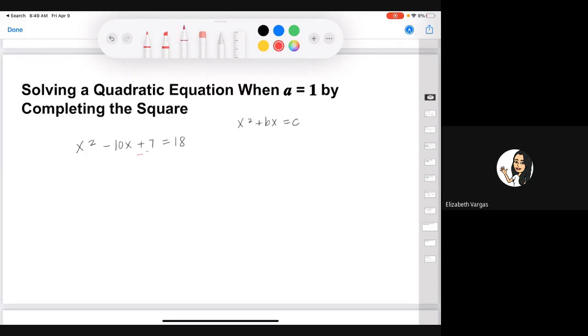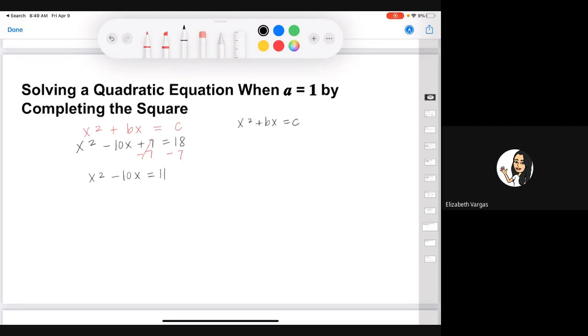Because of that, I want to subtract my 7 and move it to this side, because I want all my c's on this side and x squared plus bx on this side. Okay, so I'm going to move my 7: x squared minus 10x equals 11.